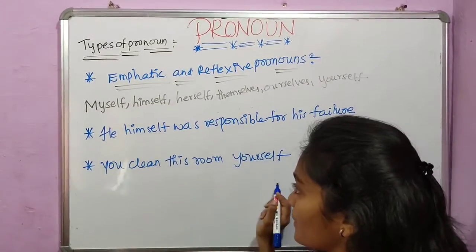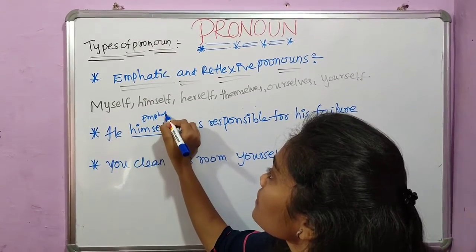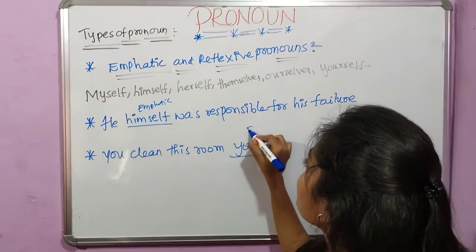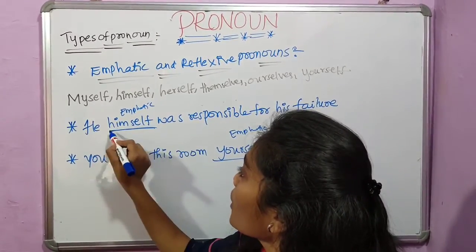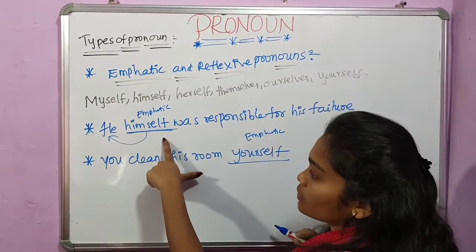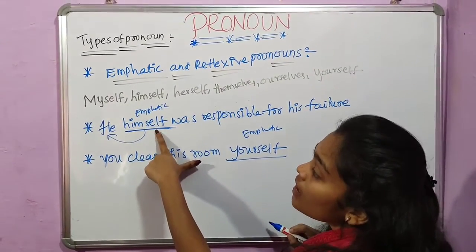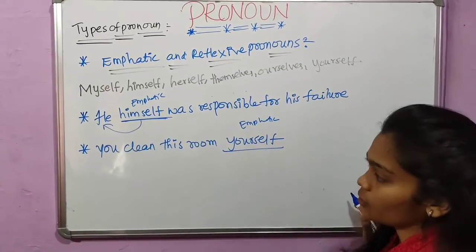In these two examples, himself is an emphatic pronoun and yourself is an emphatic pronoun. In this sentence, the pronoun himself emphasizes the subject he, so it is an emphatic pronoun. Though you remove this pronoun, it makes complete sense. He was responsible for his failure.